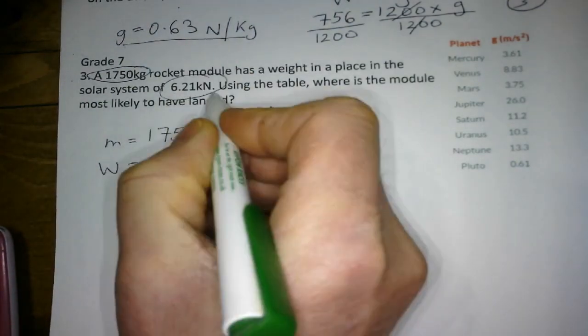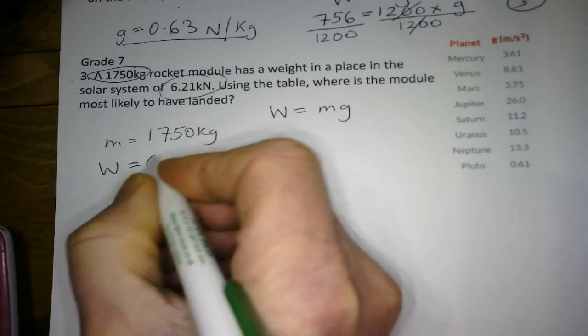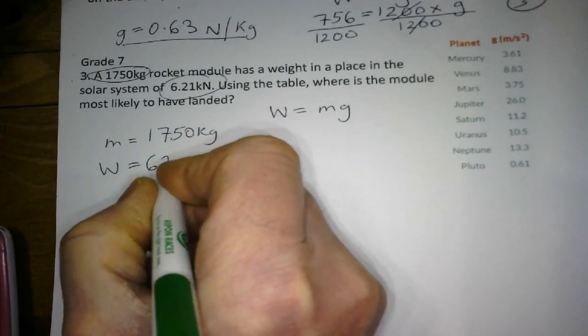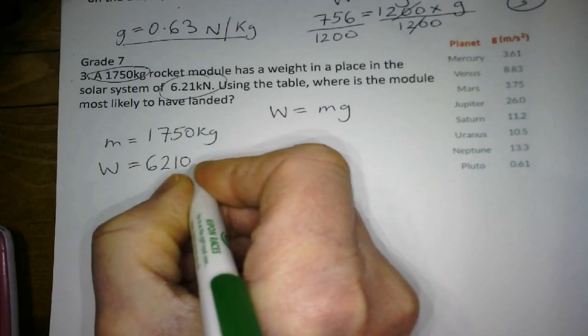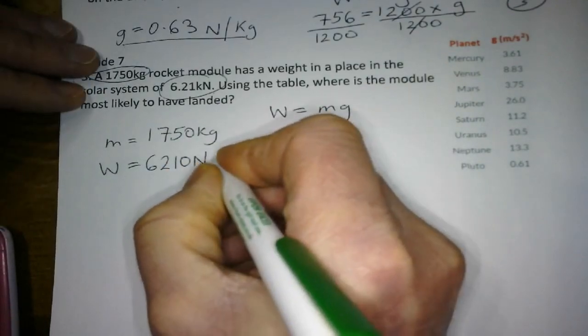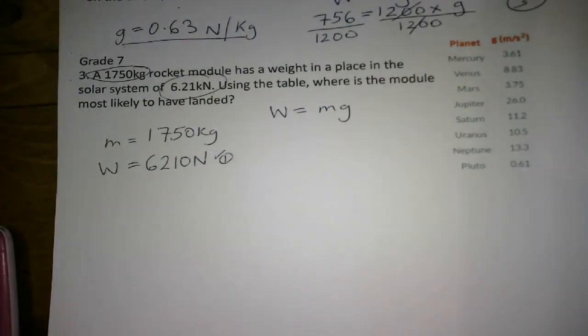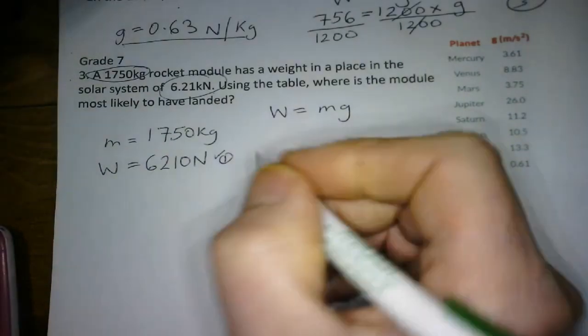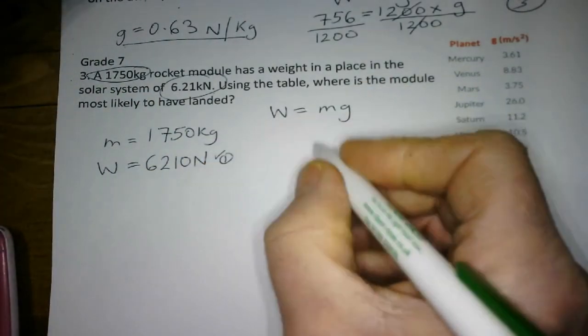So I need to multiply that by 1,000, which is 6,210 newtons. There's 1 mark for doing that conversion straight away. 6.21 kilonewtons is 6.21 thousand newtons, or 6,210 newtons.